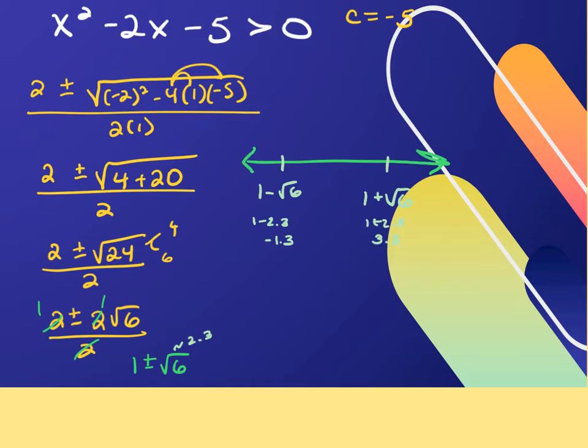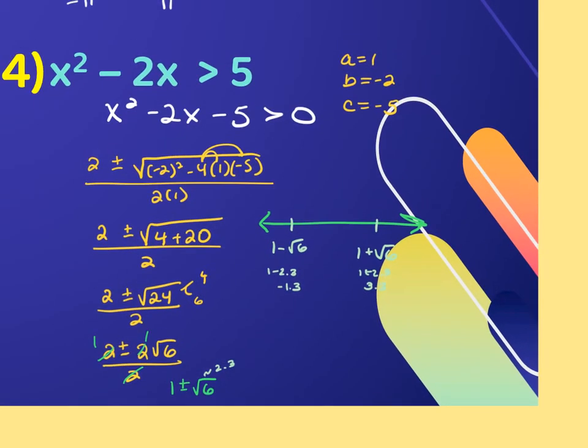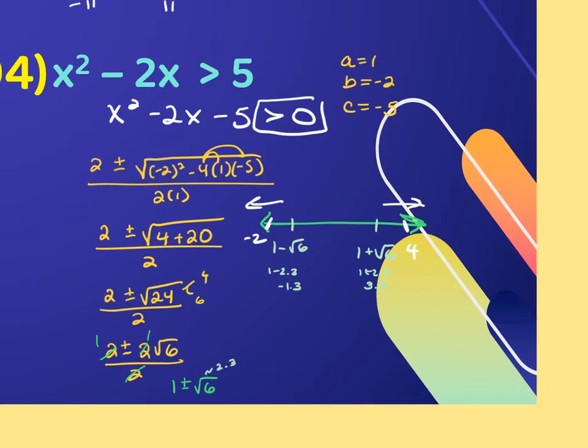The only reason I need that is to figure out what would be a point in between there. It's obviously 0, because this is a greater than statement. I think it's an or, so I point out. So I want something smaller than negative 1.3, let's say negative 2, and something bigger than 3.3, let's say 4, and we plug those in.